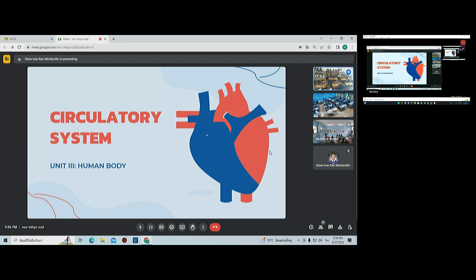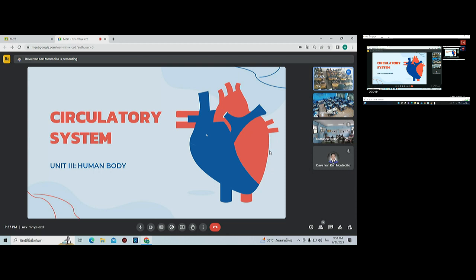But the first is circulatory. We focus on the center of the circulatory system. What is in the center? That is our heart. So we're going to talk about the heart and our blood. How does our blood move or circulate in our body?